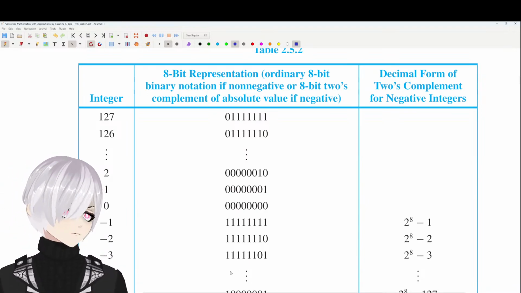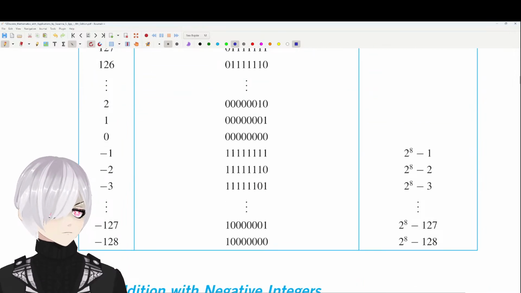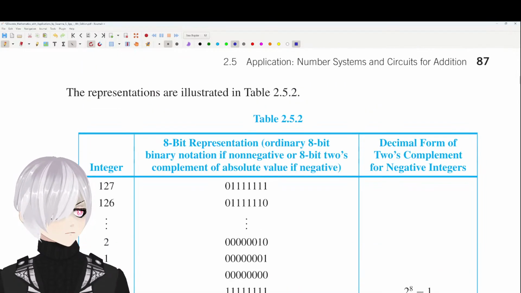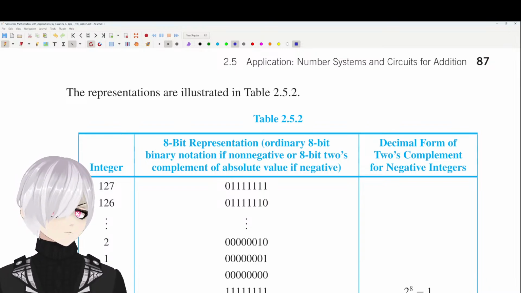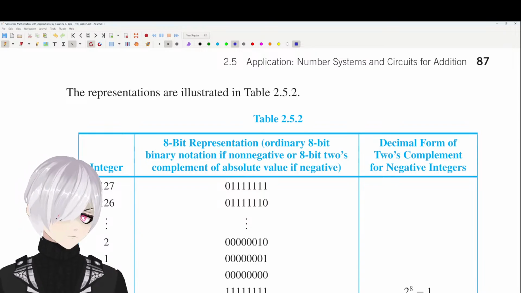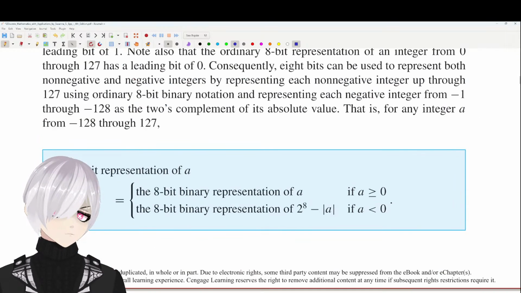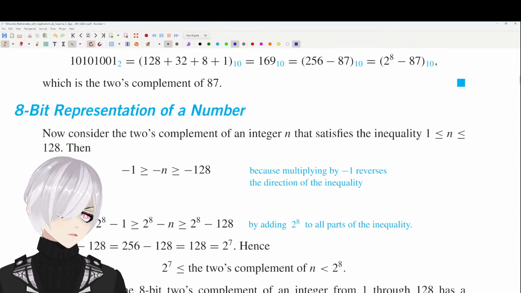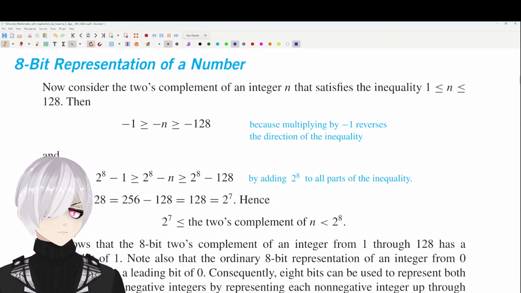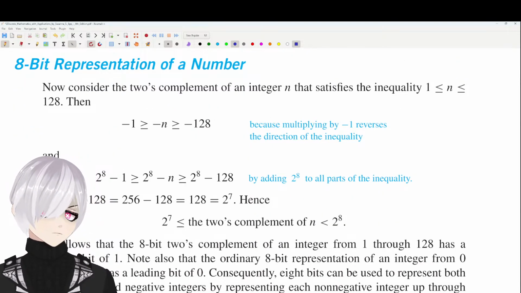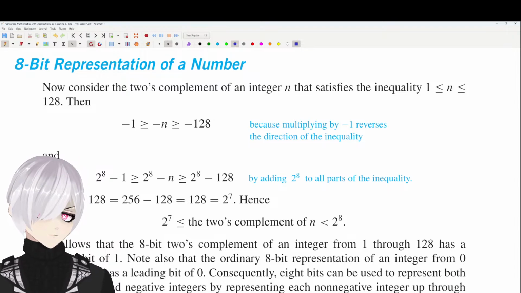Forgetting about 2's complements, if we're just using ordinary binary notation, we would be able to represent any number from 0 to 255 using just 8 bits. Because 256, that's when we'd have to start using 9 bits, because we'd have 1 followed by 8 zeros. So ordinarily, we could represent anything from 0 to 255 using just 8 bits.